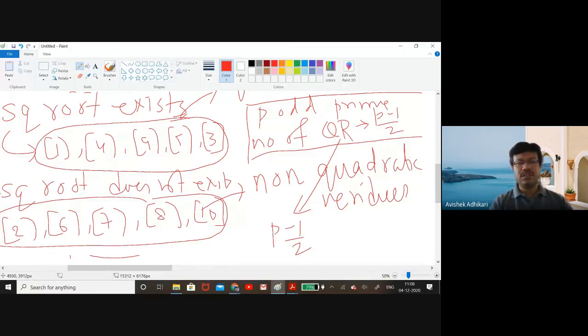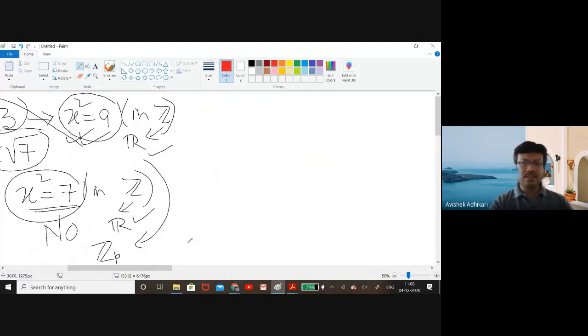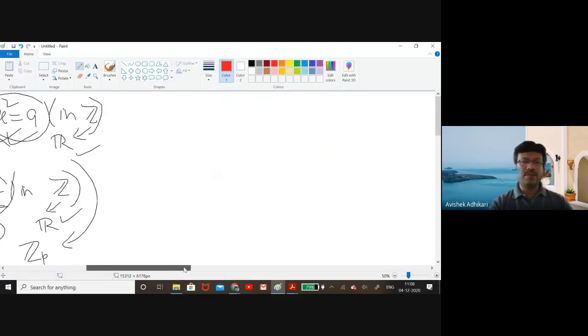And so this is one way of looking at the whole thing, right? So this is the concept of quadratic residue and quadratic non-residue. Now you have some intuition about these terms. Okay, we can again think the same thing in a little different way.